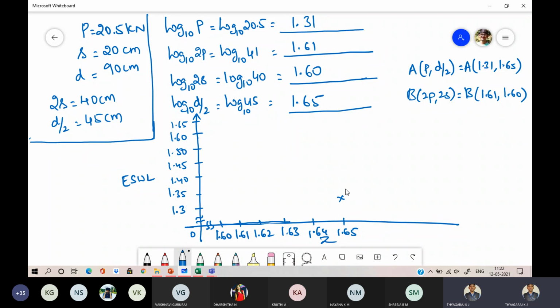A is equal to P. P is 1.31. Okay. Will come here. Then 2P comma 2S is 1.61. We are getting like this.